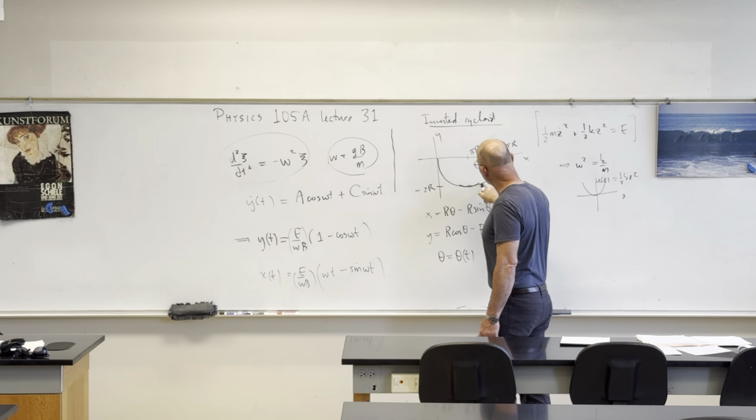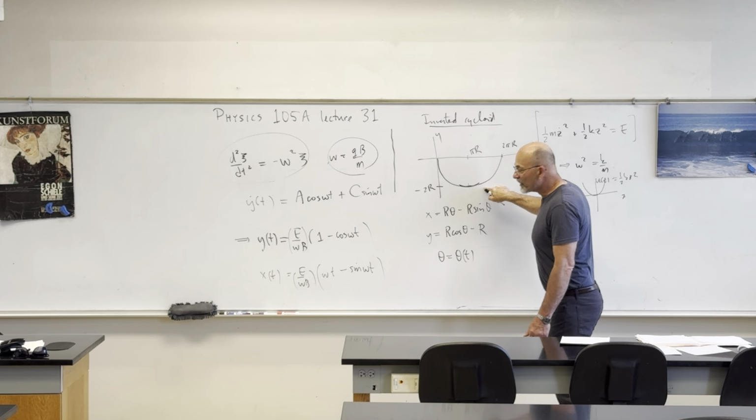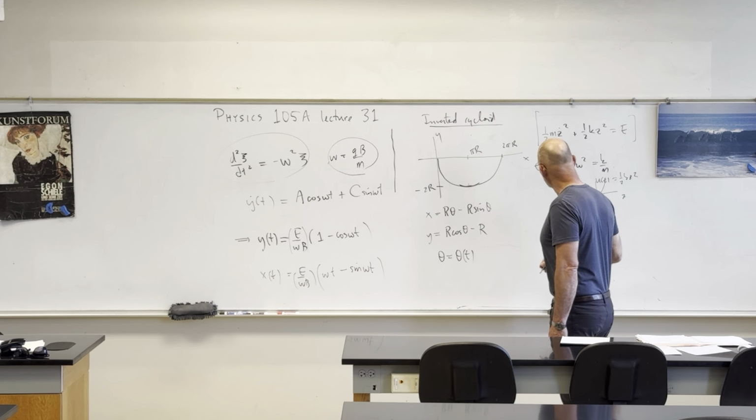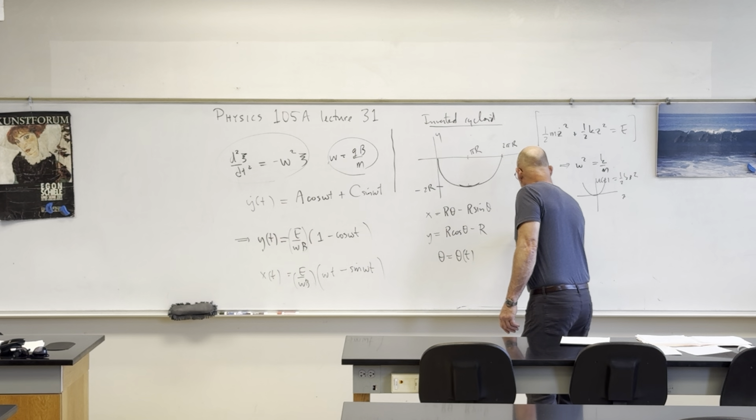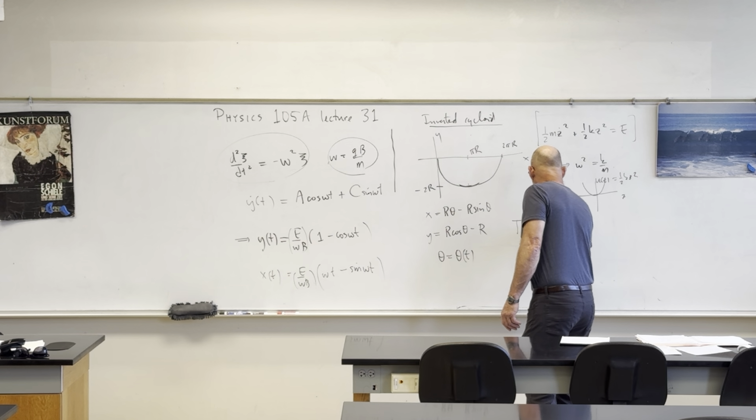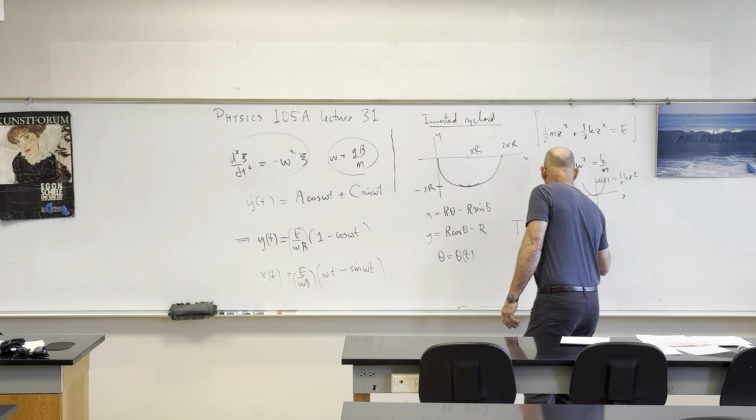So now we have a mass that's sloshing around the bottom here, and we have to find the kinetic energy, 1/2 m (x dot squared plus y dot squared).